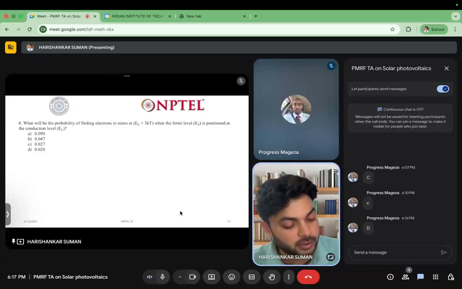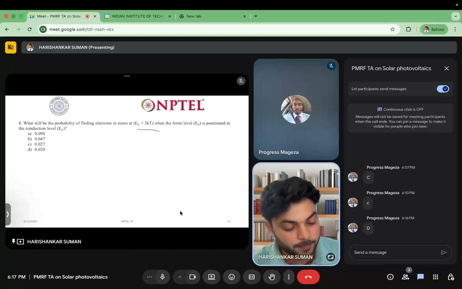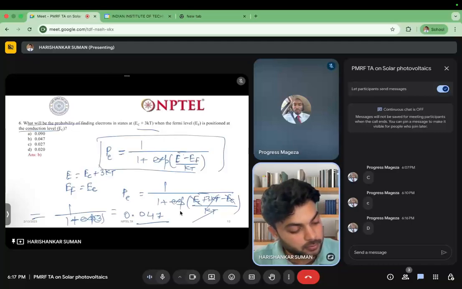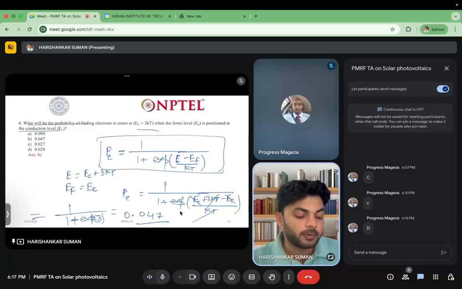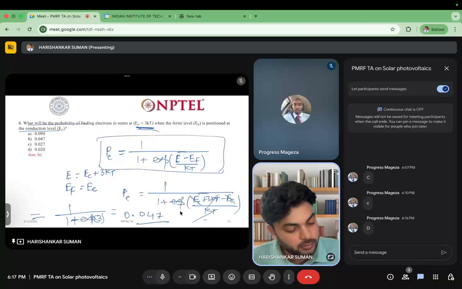Probability of finding the electron. Whatever values are given to you, you have to just solve. We already solved this step, but this is the formula. Probability is 1 upon 1 plus exponential of (E minus EF) upon kT, and E is given to you as EF plus 3 kT. Just put the numbers and see the solution.